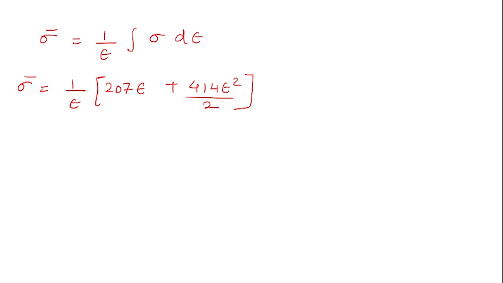Okay, then your average flow stress will be, let's write this formula, 207 into 1 plus epsilon. Right, we'll do this. This will also be 207.